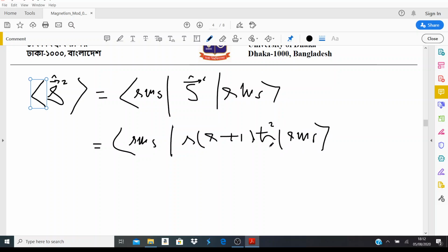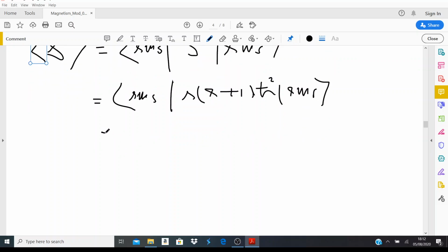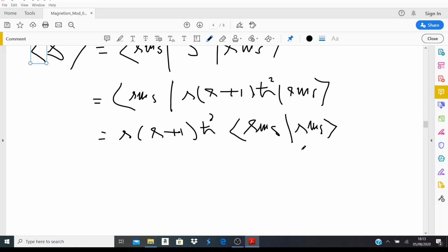That's just a number. Bring it out of the bracket notation, and what is left is the inner product between the same states, s ms and s ms, which is 1. So the expectation value is s(s+1) h bar squared.